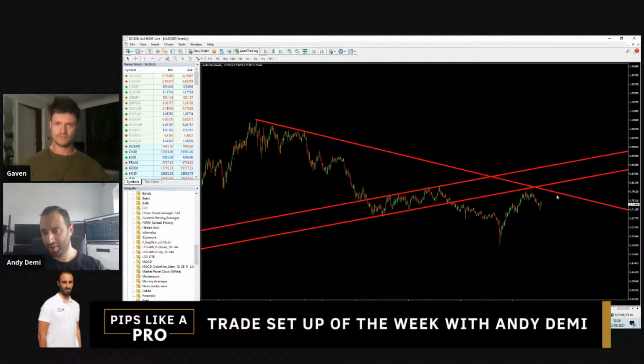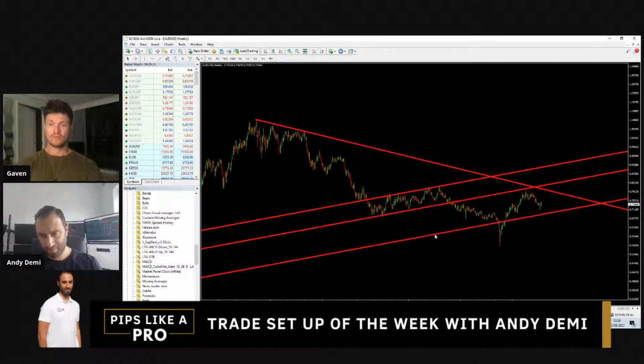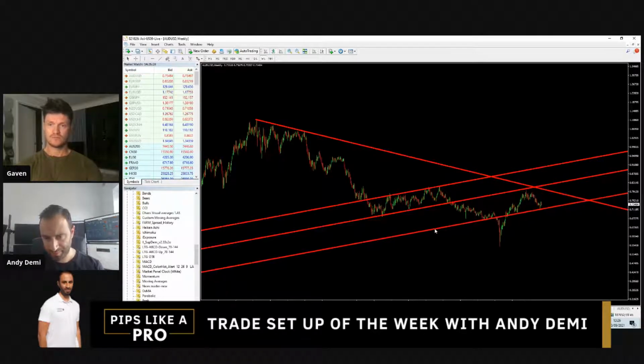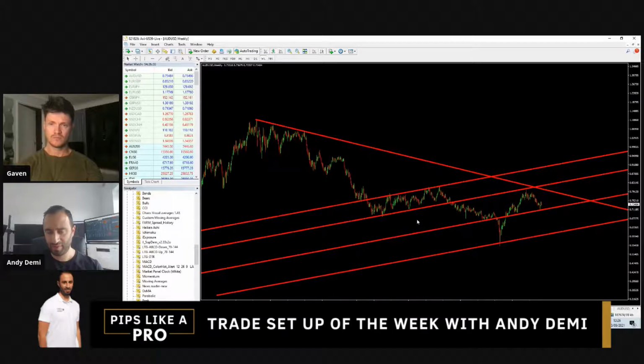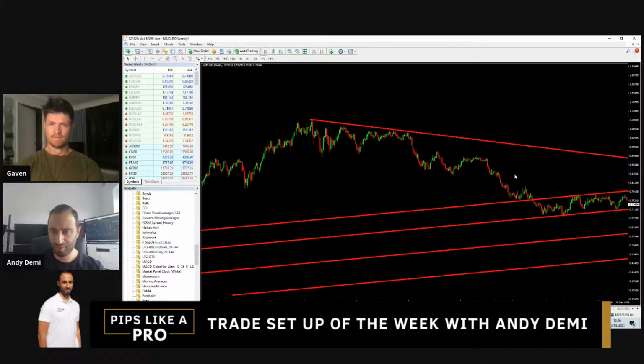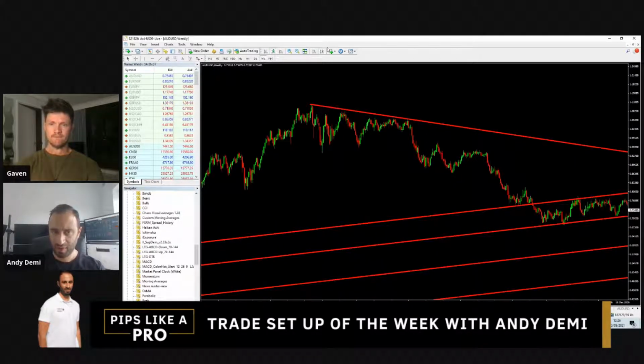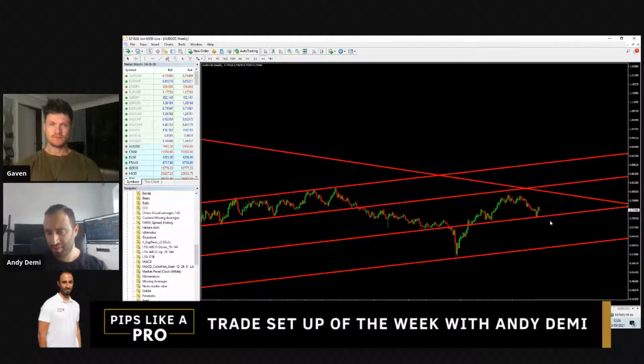If we zoom in a little bit more here, we may go and hit this line at some point. That's interesting, right? That support. So yeah, it's reacting on the same angles. So now this is where we are.